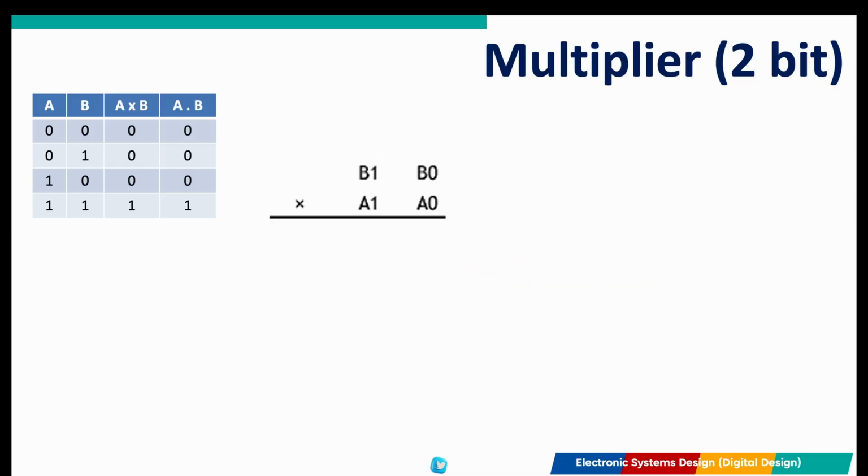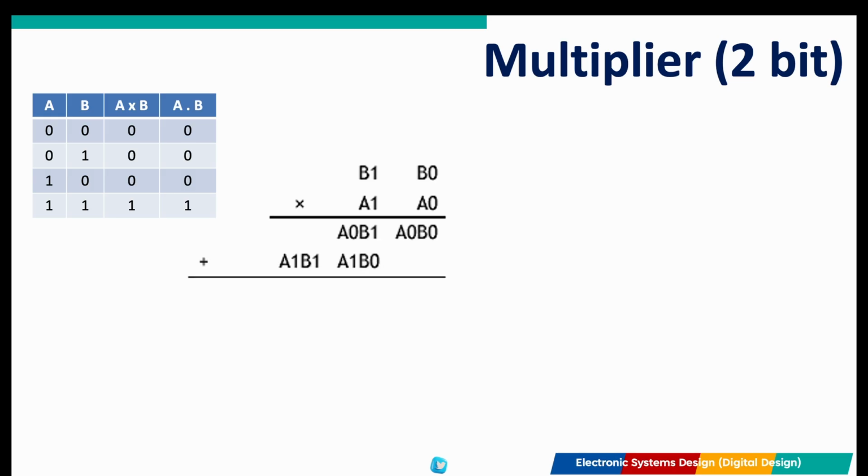Next, let's have a look into multipliers. This is an example of a 2-bit multiplier. Binary multiplication works almost exactly like traditional decimal multiplication, but it is actually much simpler because the only digits are zeros and ones. If you are multiplying A1, A0 by B1, B0, you generate partial products just like you would on paper.